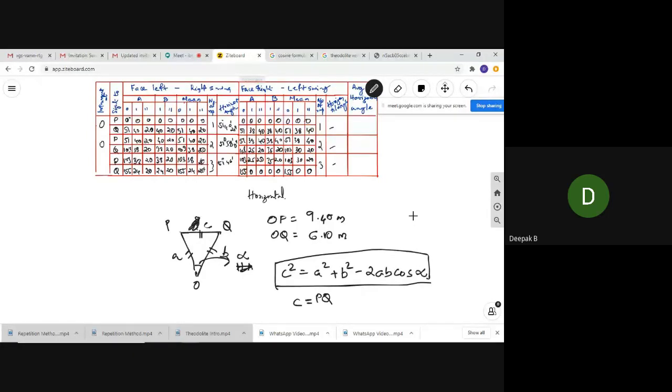Okay, we are taking the average. When we take the average, that minute error will be halved. That is the reason why we are taking face left and face right.